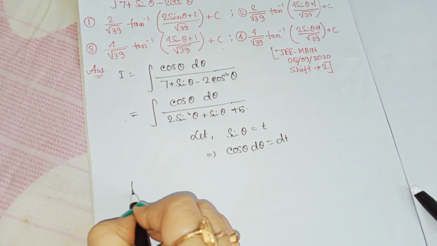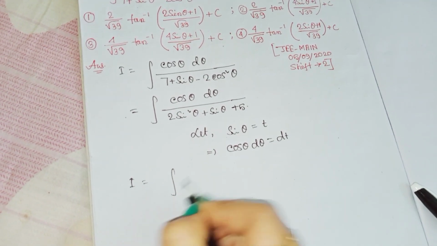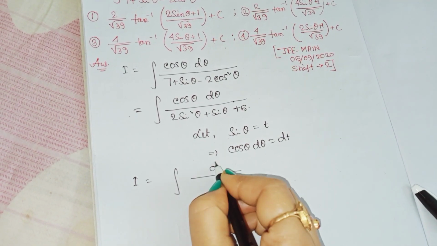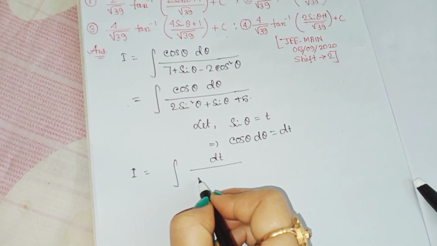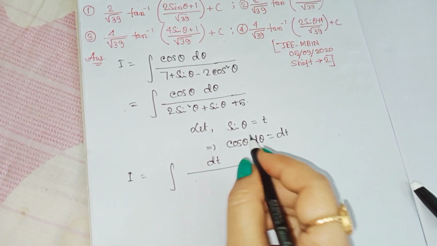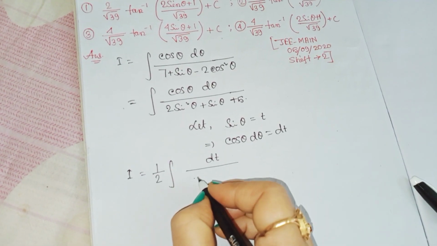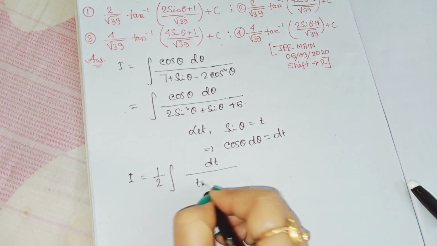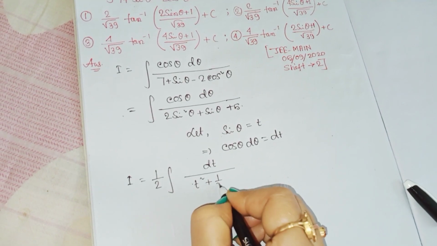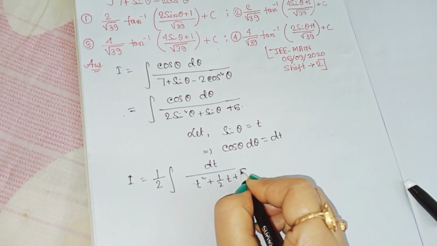So now I becomes integration of dt divided by, taking 2 common, it is half, t square plus half of t plus 5 by 2.